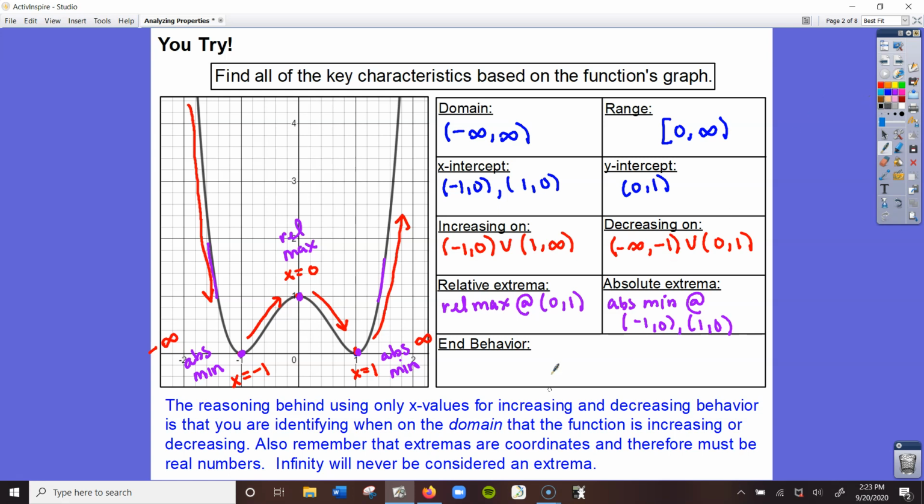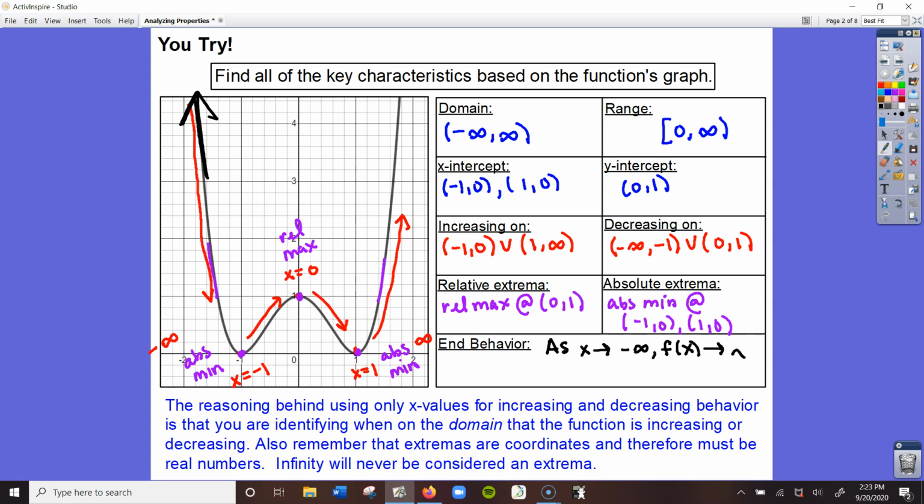Now let's have a look at our end behavior. If I want to write the end behavior statement for the left, I would start off as x approaches negative infinity. Now I'm going to look at what my y values are doing, so I know what f(x) is approaching. On the left side of my graph, that's over here, we can see that the graph is going up forever.